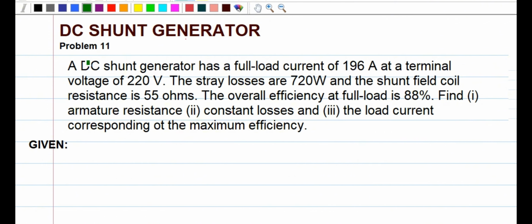First things first, we have to write the given.